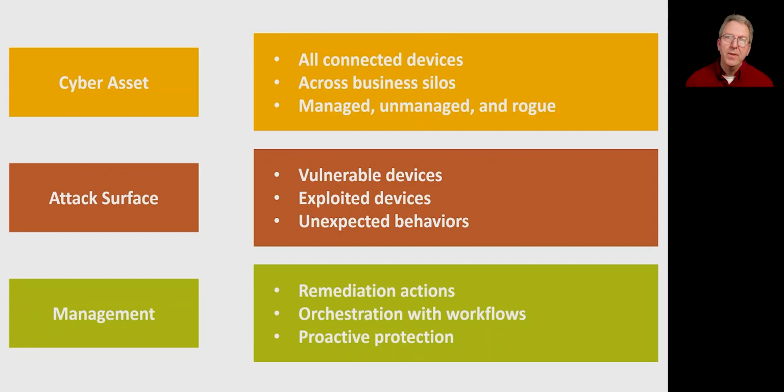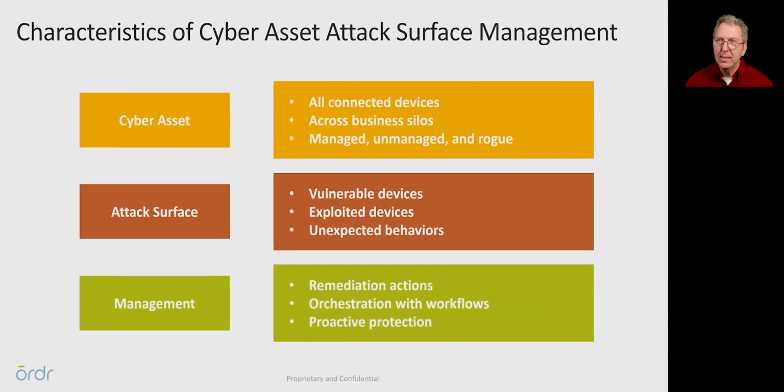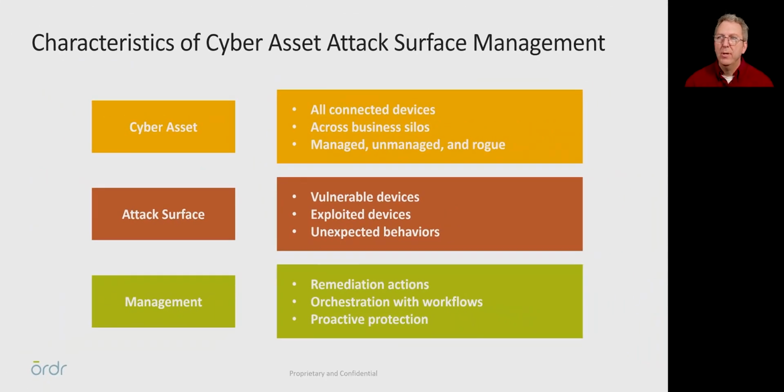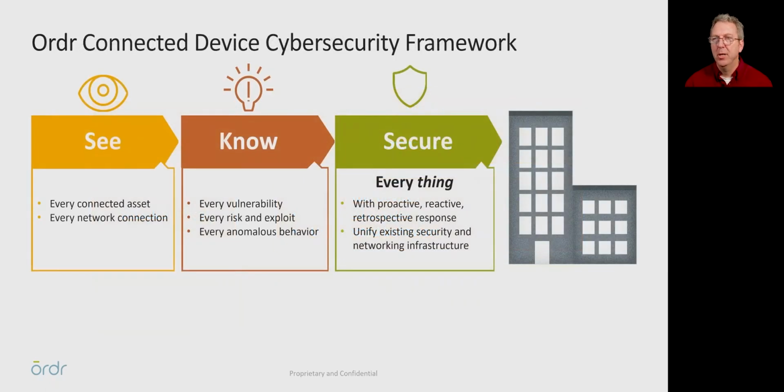But ultimately, you also need tools to proactively protect your organization so that your systems cannot be exploited in the future. And that's really at the heart of how we interpret the CASM space and the functionality, which is really defined by Gartner. Now, this maps almost perfectly to how Ordr views the world.